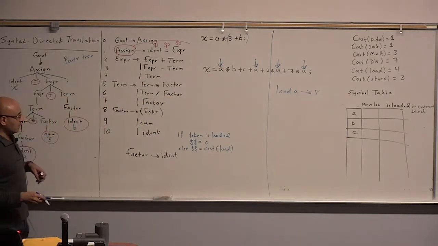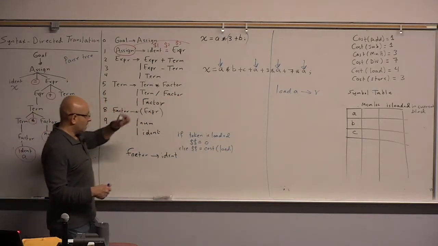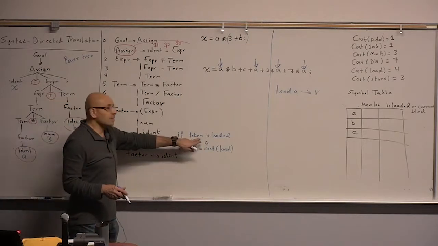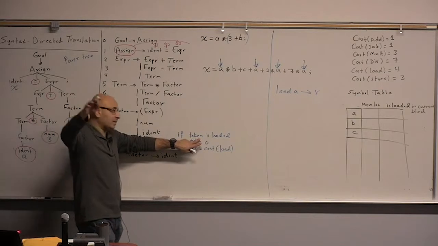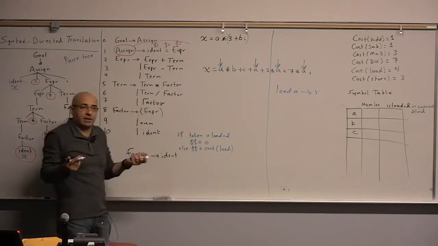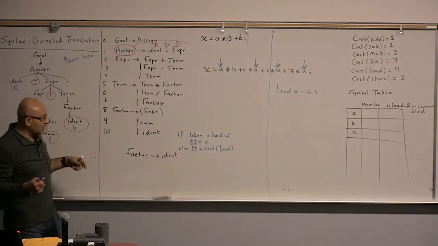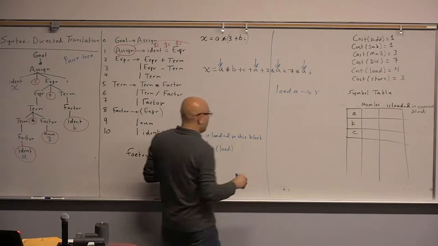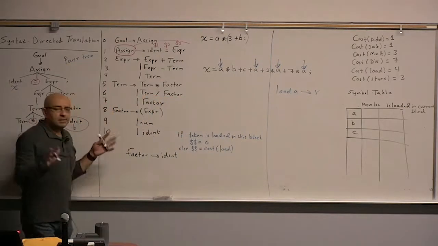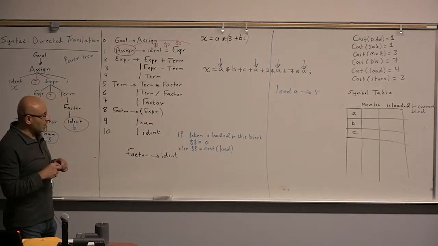So if it's already loaded, basically this incurs a search in that table or some data structure that has information about this particular identifier, whether it has been loaded in this block, because it may have been loaded in another block. Now, don't worry about the concept of a block.